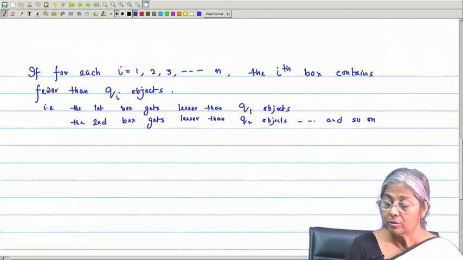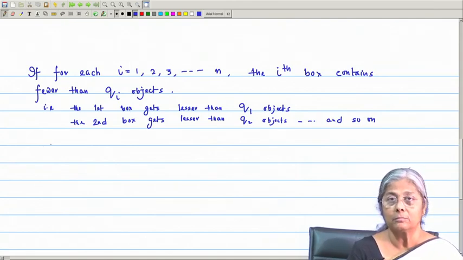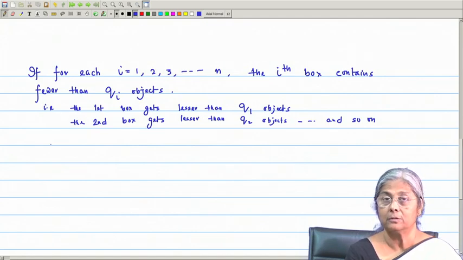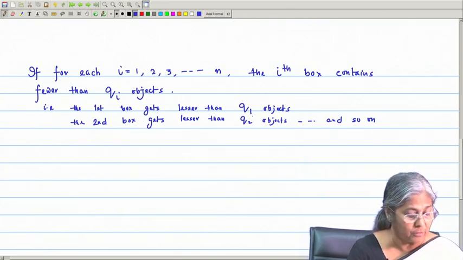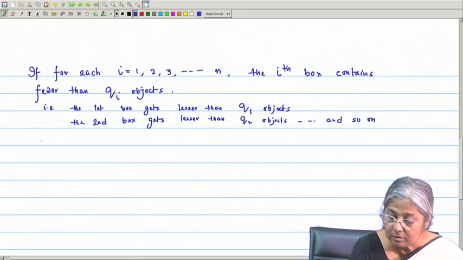So, what will be the total number of objects if each box gets fewer than qi objects?